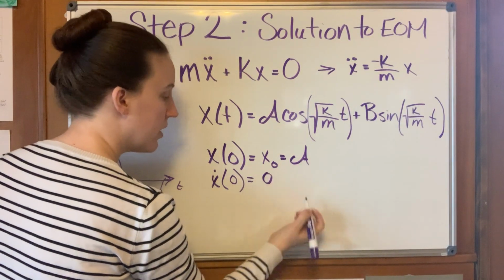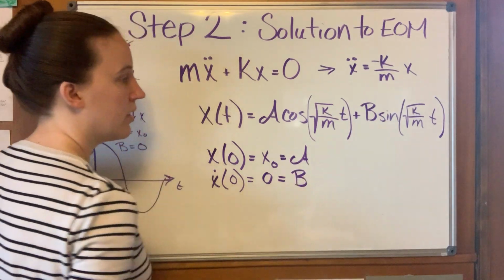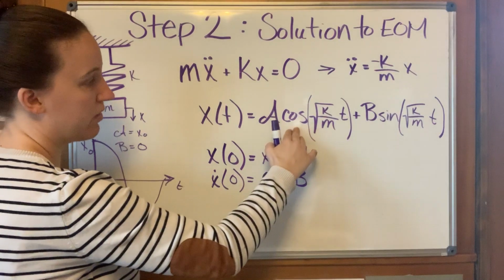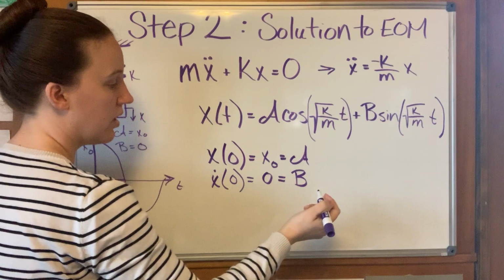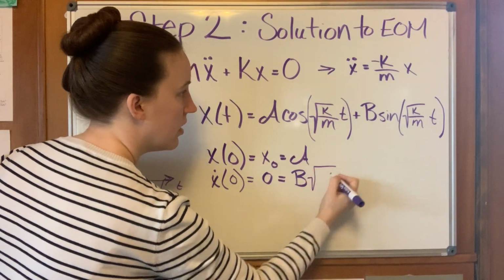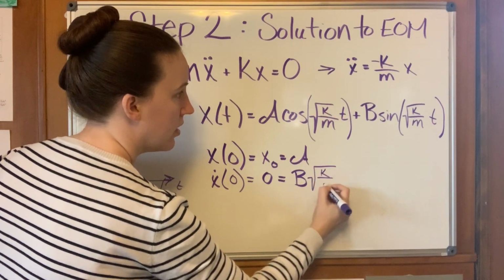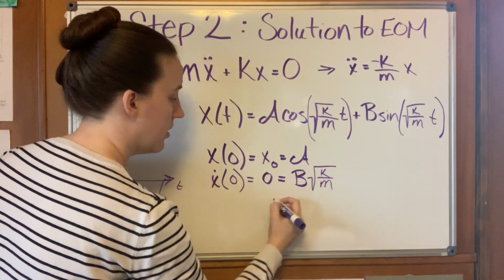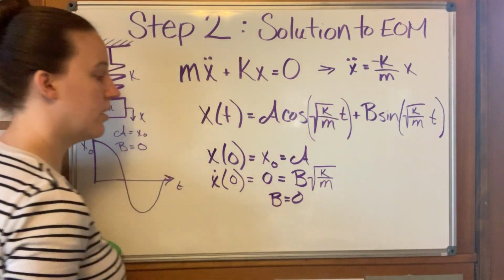If that was 0, then that would be b, because you could take this whole derivative again like we showed, and we would have a sine term which would go to 0 at 0, and a cosine term which would be 1 at 0, times b. So in order for this to be true, b has to equal 0.